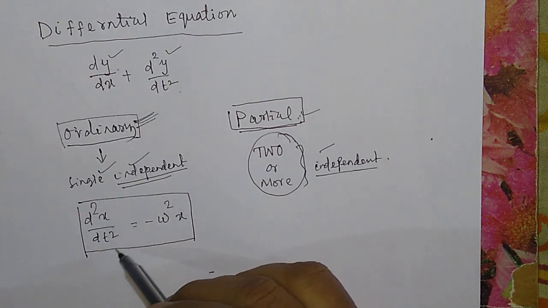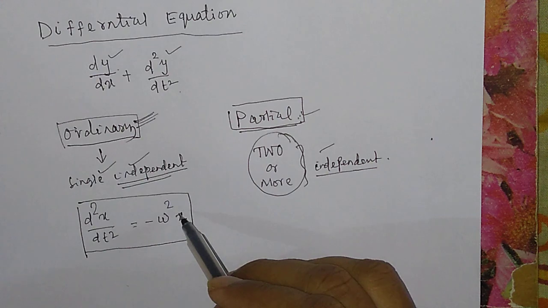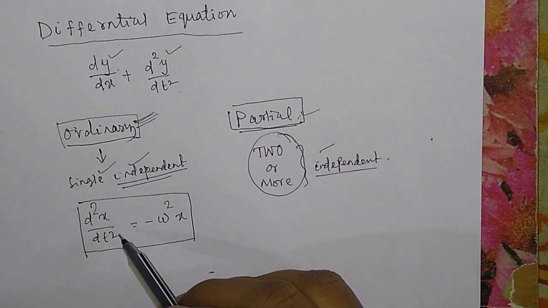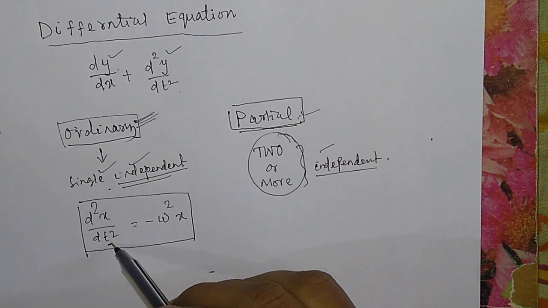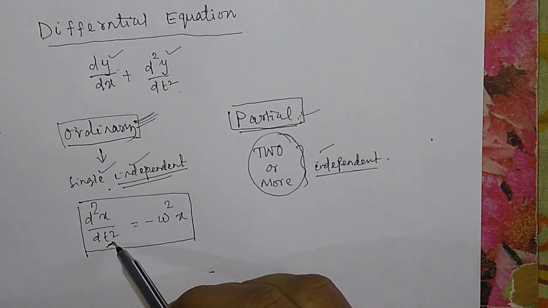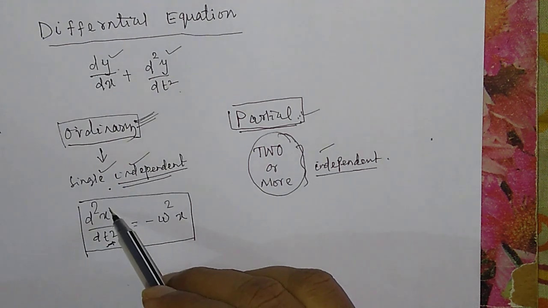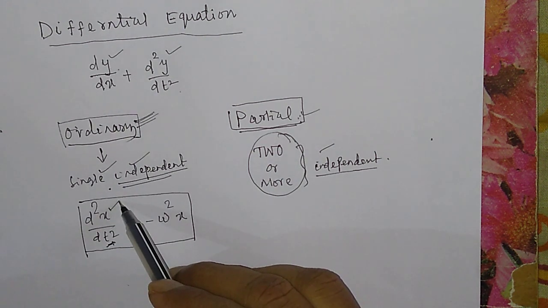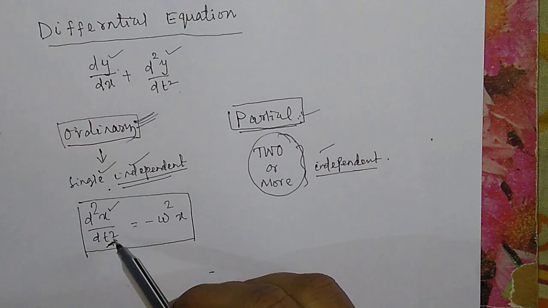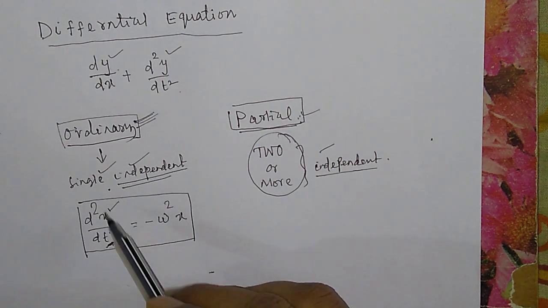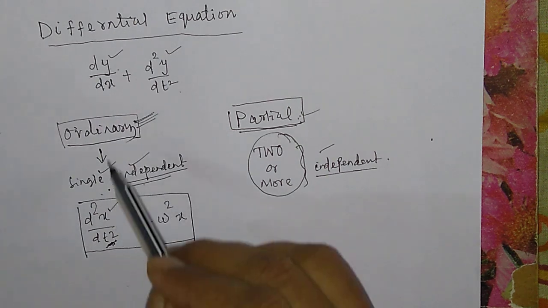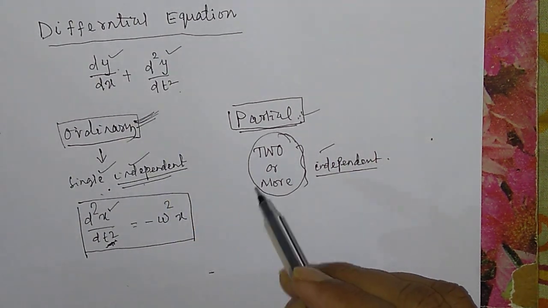This is the acceleration and this is the displacement. And you see, in this ordinary differential equation, you have one independent variable, the time. The displacement is the dependent variable. So since you have one independent variable, it is called an ordinary differential equation.